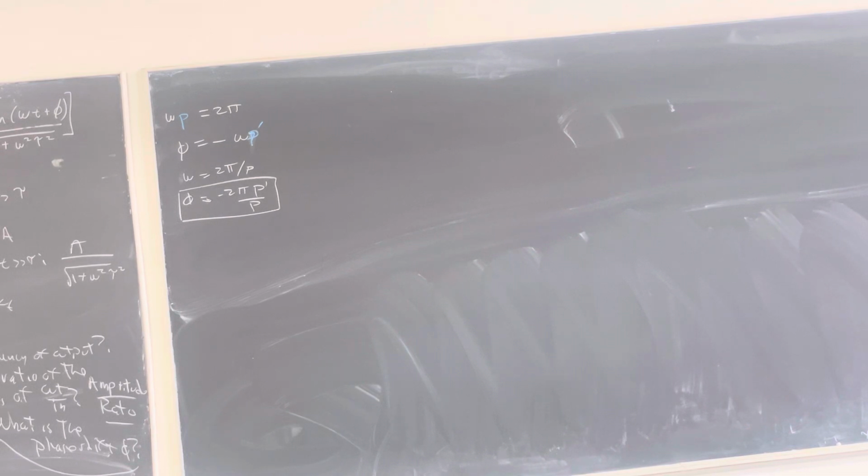Remember, we can represent complex numbers as a vector in the complex plane, where the x-axis is the real axis and the y-axis is the imaginary axis. So I could write z, a complex number, as the real part plus i times the imaginary part, where the real part is the projection on the x-axis, the imaginary part is the projection on the y-axis. If z has an angle theta, that means y is the magnitude of z times sine theta, and x is the magnitude of z times cosine theta.